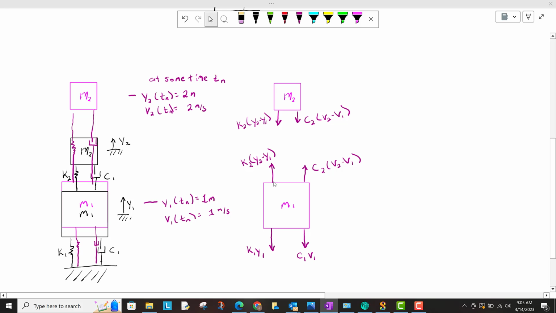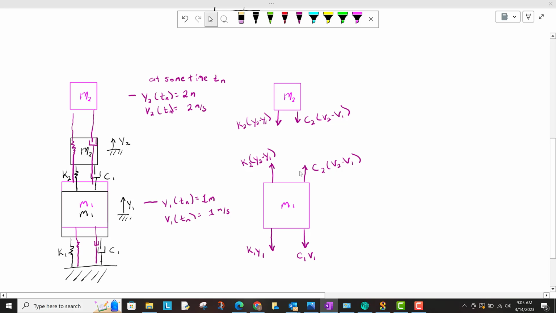If there's stretch in spring 2, then the force would be acting up, and you could compute the value of that spring force by taking the product of K2 times the quantity Y2 minus Y1. Likewise, the damper force would be C2 times the quantity V2 minus V1. Plugging in those semi-arbitrary points, we'll get positive values for both of those expressions, and that magnitude is acting up for that condition.